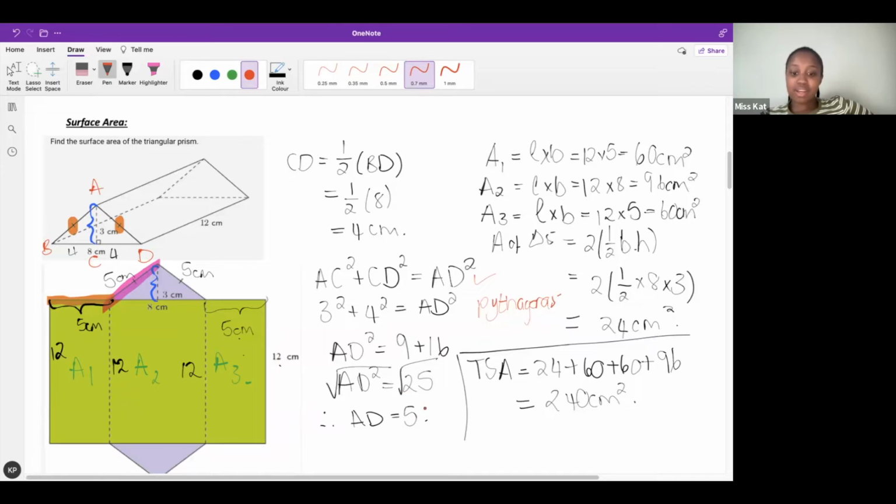Okay. And then finding AD, the total surface, the adding up, and the final answer. And then maybe one for each area. Let's see. 1, 2, 3, 4, 5, 6, 7, 8 marks. And one for knowing that this is a half of that. Maybe 9, 10 marks.